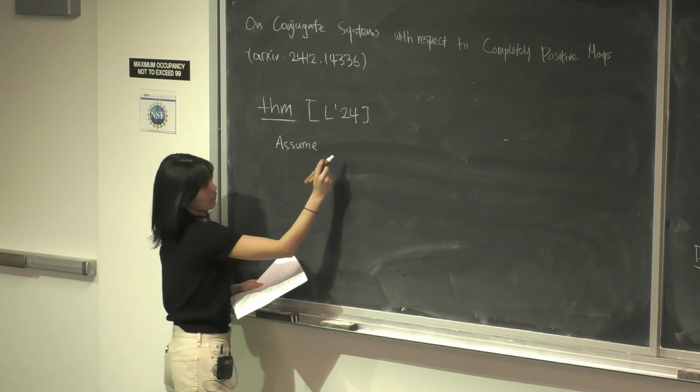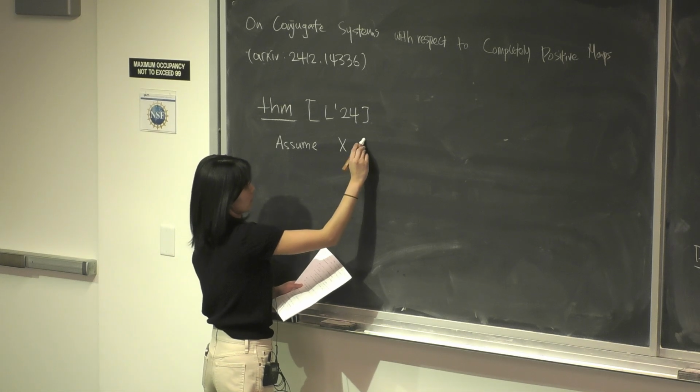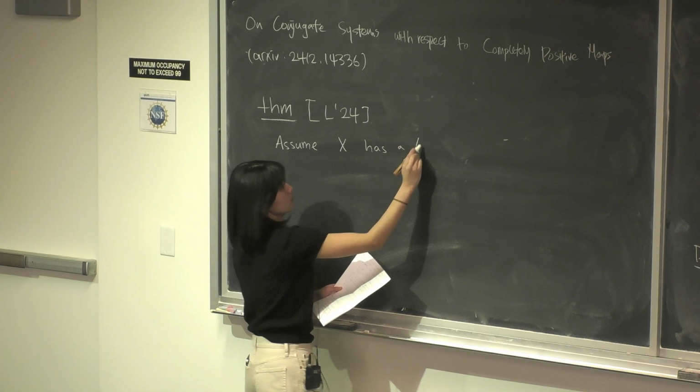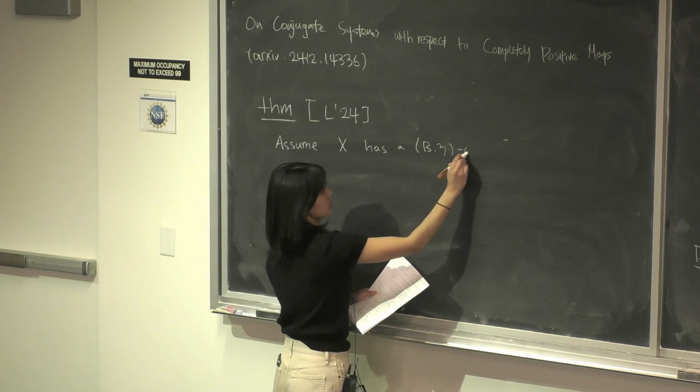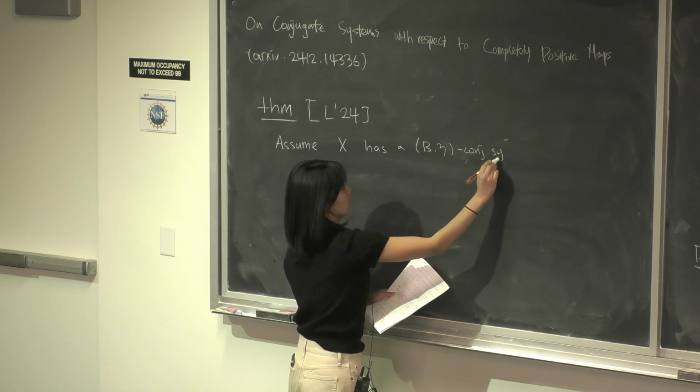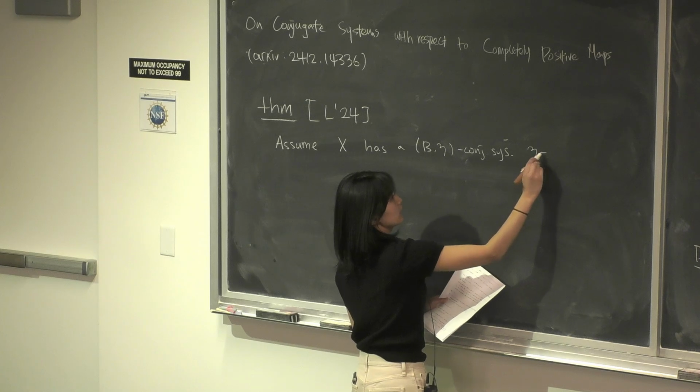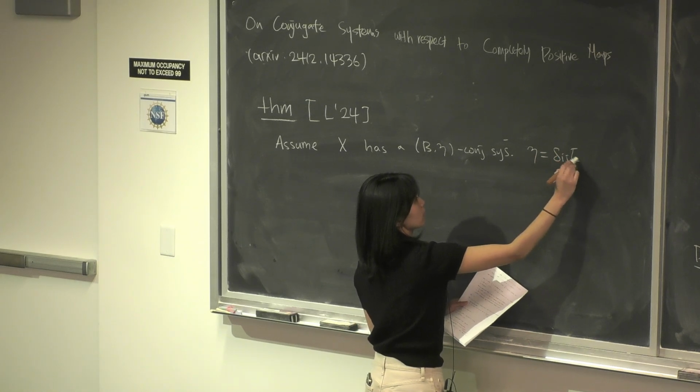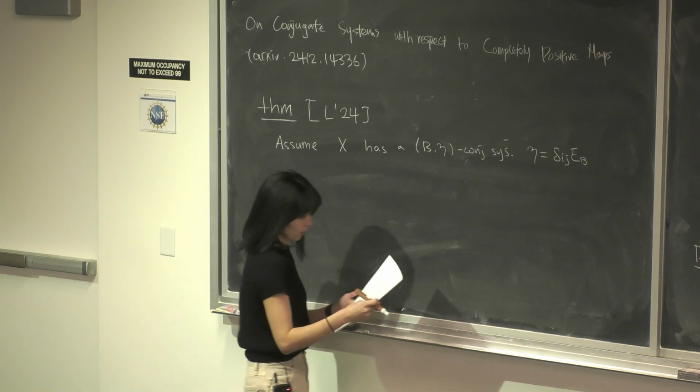Assume that X has a B-eta conjugate system, and eta is a diagonal conditional expectation.